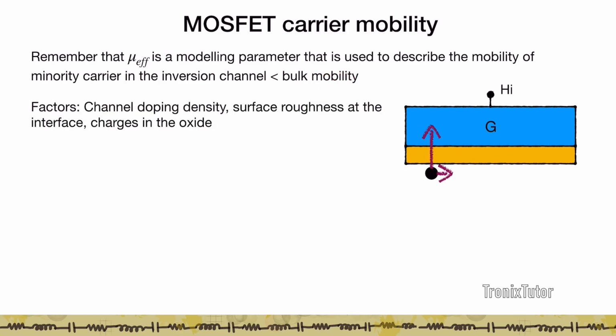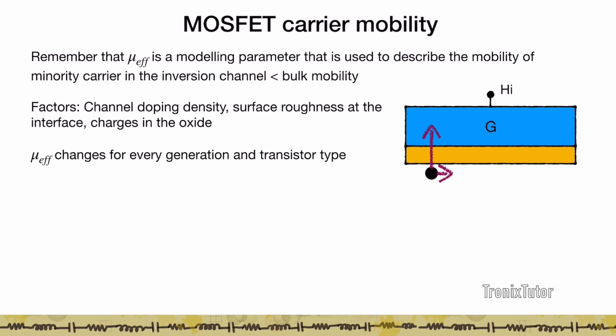And there are multiple factors which govern this. It is related to the channel doping density, it's related to the surface roughness at this interface, and it is related to the charges or broken bonds that might be present either at the interface or within the first few layers of the dielectric.